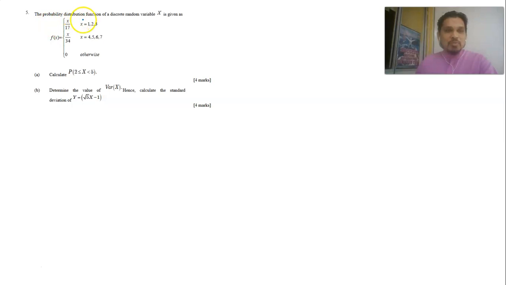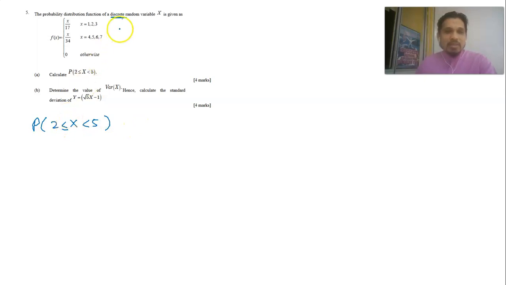Question 5. The probability distribution function of discrete random variable x is given as this one here. As you see on your screen, it is discrete, not continuous. Now calculate the probability for x between 2 and 5.